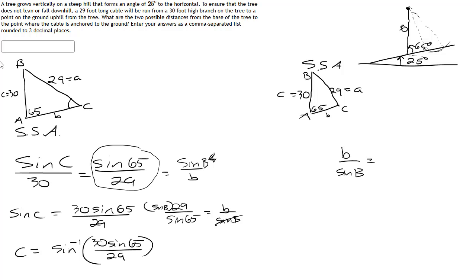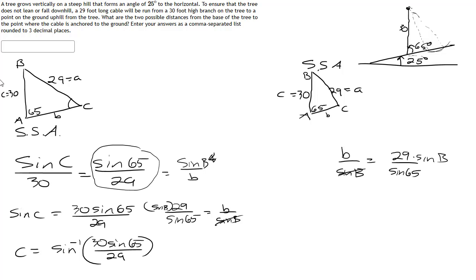You don't want to use this angle because it has a decimal that you have to round at some point, and when you round, of course, you introduce errors into the new equation. So you would set this one up as 29 over sine of 65, and then multiply both sides by sine of b, and that'll give you a little b. So you can see you're doing the same thing in both cases. The only difference is your b is going to be different in both angles, so that's how you're going to get two different answers for this distance of b.